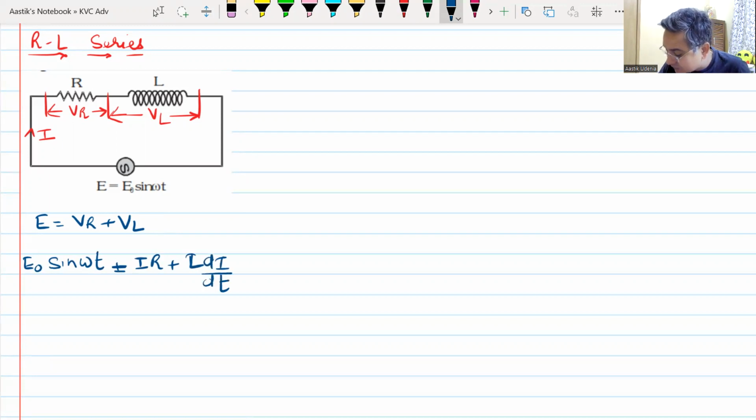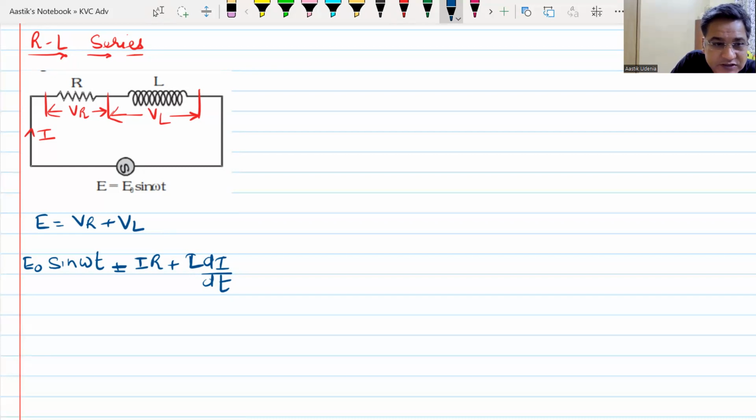Now this becomes a differential equation. If you go to solve it by the differential equation, it becomes very tough. Anyways, we can solve this differential equation in a different way. How can we solve this differential equation in a different way?